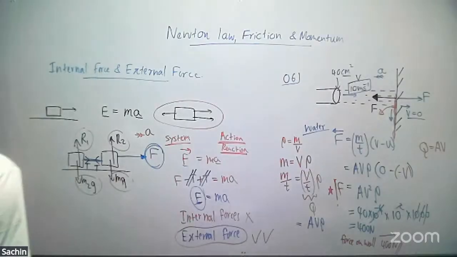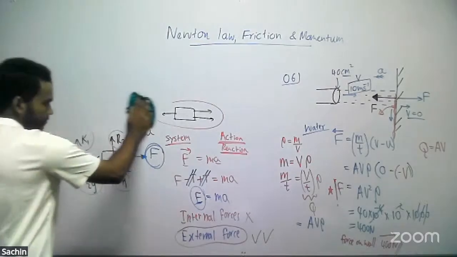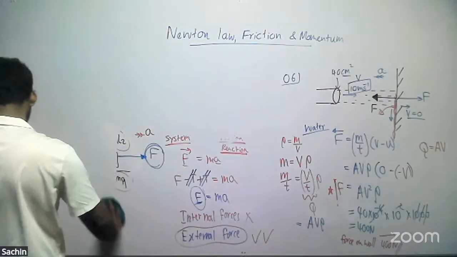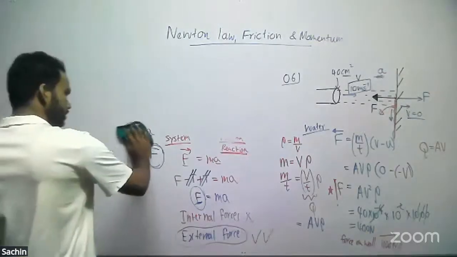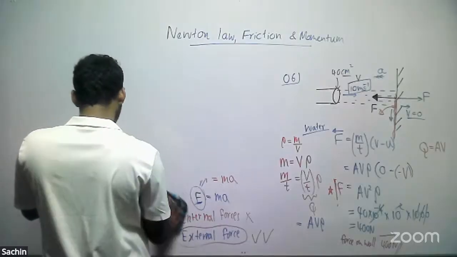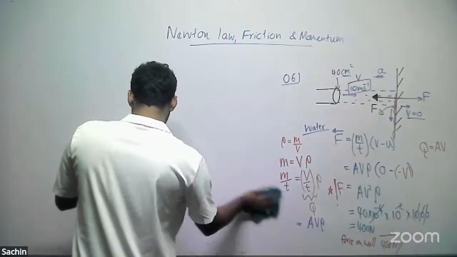Okay, so the question is on the concept of internal forces, as shown in the figure. A child is holding a strong magnet in front of an iron trolley initially at rest on a smooth track.